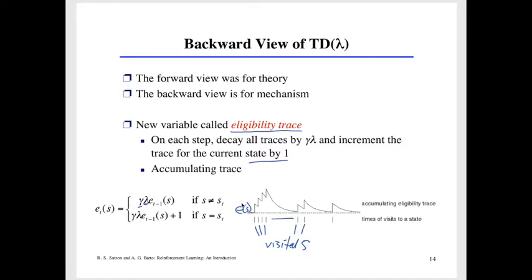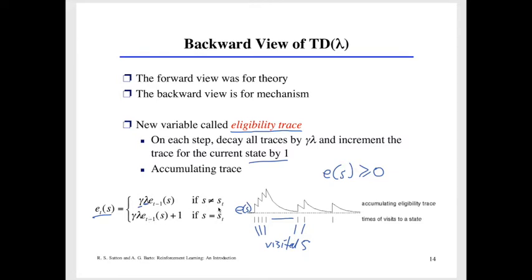This function is always going to be some number. It could be greater than 1, it'll always be at least 0, and it could be equal to 0 at the beginning. And that gets multiplied by these other discounting factors for the future states as well. So we're building a recursive definition where for every state we have an eligibility trace.